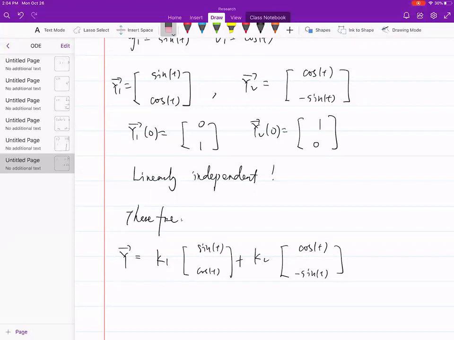Once you give me an initial value, I can find what k1 and k2 exactly are. For any initial value, I give you the corresponding k1 and k2. Therefore, this one works for any initial value. That's why it's called the general solution. It doesn't matter which initial value you have, the format looks the same, just with different constants.